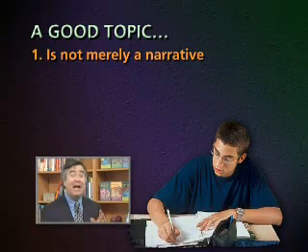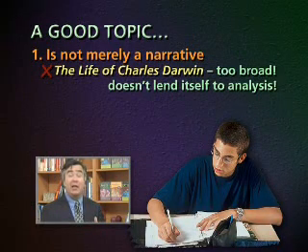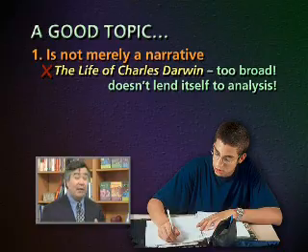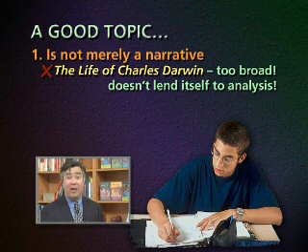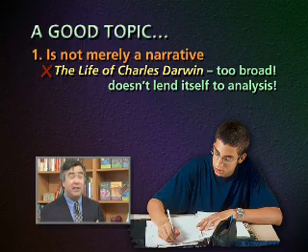A good topic has certain characteristics that you ought to be thinking about as you do your background reading and are jotting down ideas for possible topics. First, a good topic is not merely a narrative. For example, the life of Charles Darwin would not be a very good topic for a term paper for a science class. It's too broad, but in addition, it doesn't lend itself to analysis.